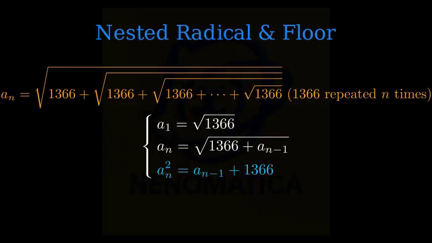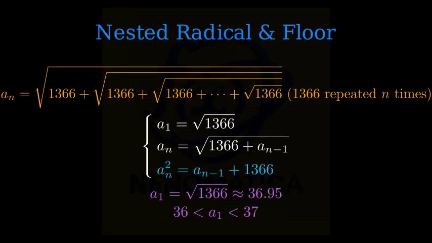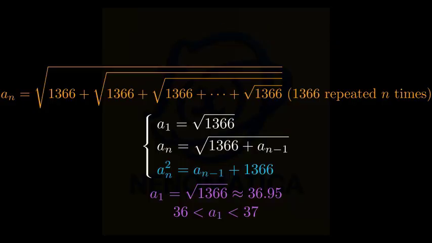Squaring gives a_n squared equals a_{n−1} plus 1,366. Now compute the first term. Since a_1 equals the square root of 1,366, its value is approximately 36.95. So 36 is less than a_1, and a_1 is less than 37. Consider n equals 2.